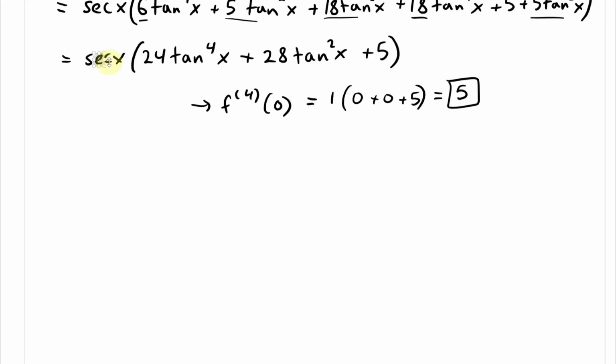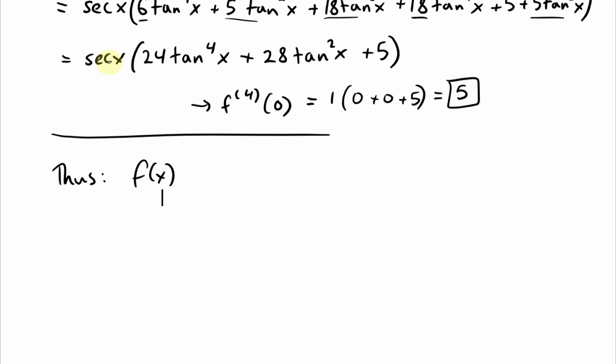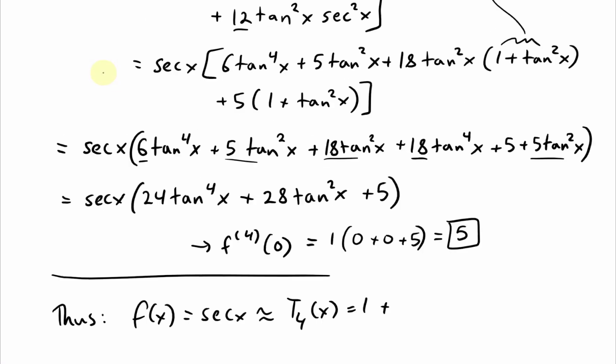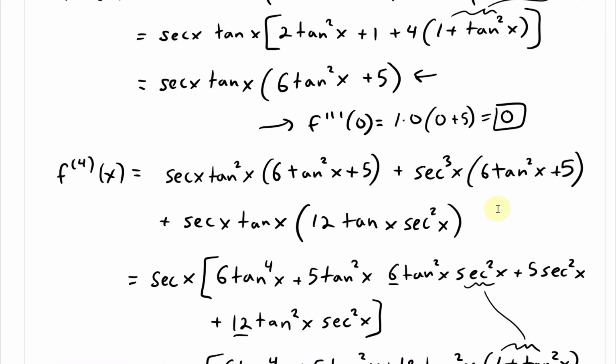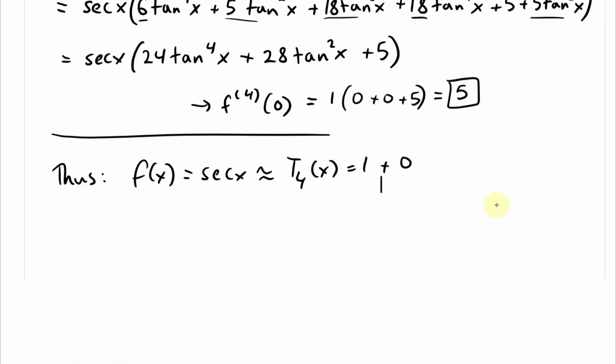Now that we have all this, let's use our Taylor approximation. Thus f of x, which equals secant of x, is approximately equal to, let's just look at the 4th degree Taylor polynomial, 1 plus 0 times x to the 1 over 1 factorial, because we have this memorized by now.